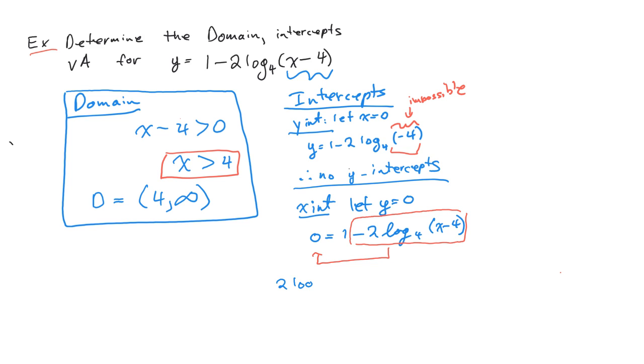So now we have 2 log base 4 of x minus 4 is equal to 1.